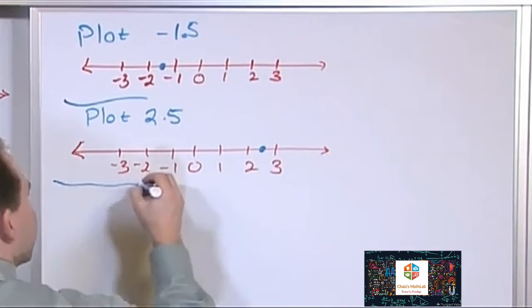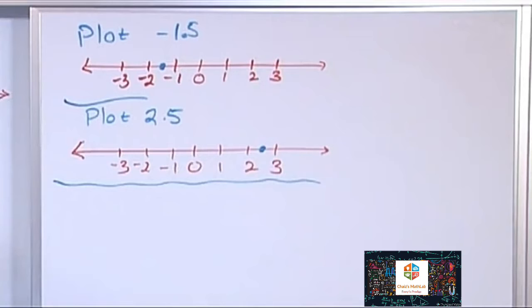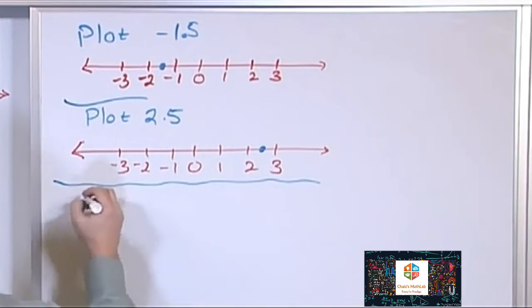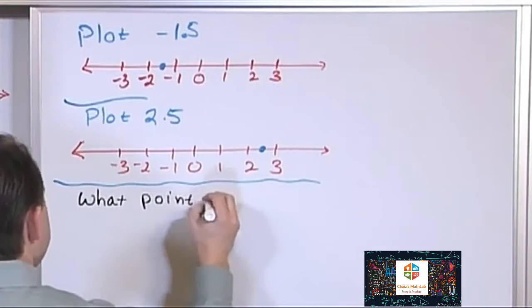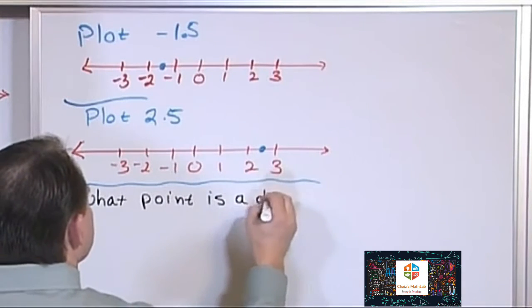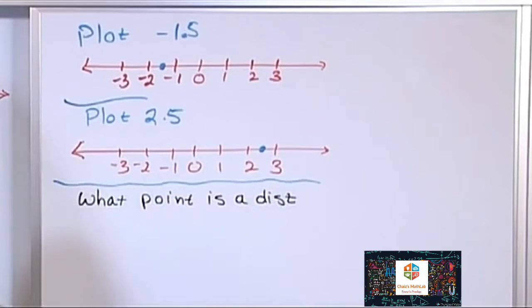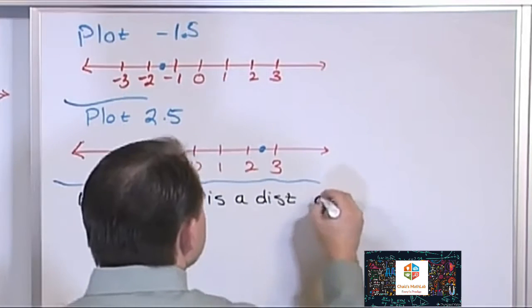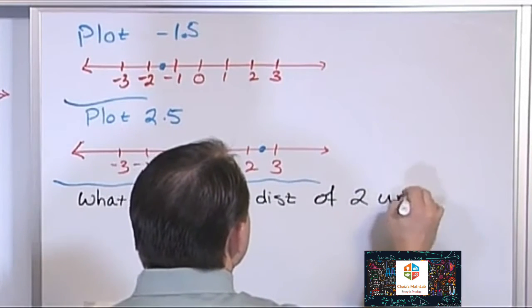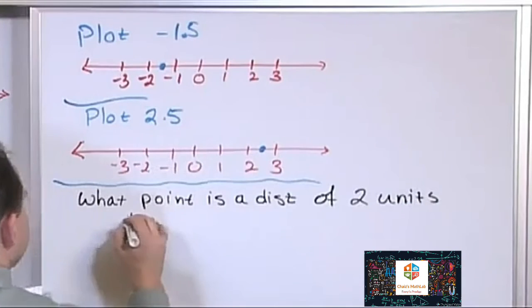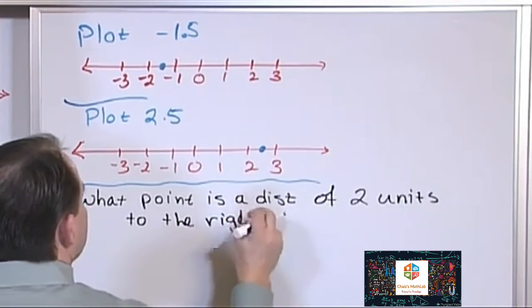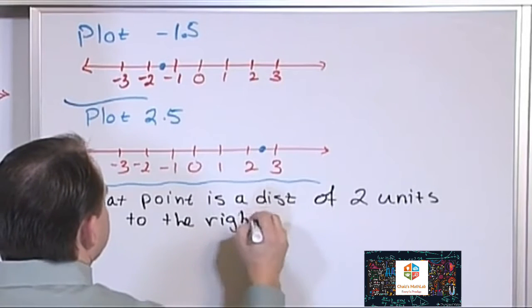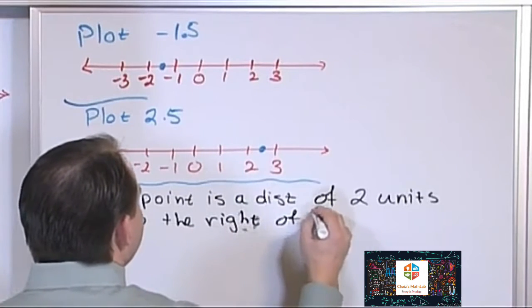Now let's do a slightly different kind of problem just to get some practice with the number line. Let's write something down. What point is a distance, that's what dist means, of 2 units to the right of the point A?